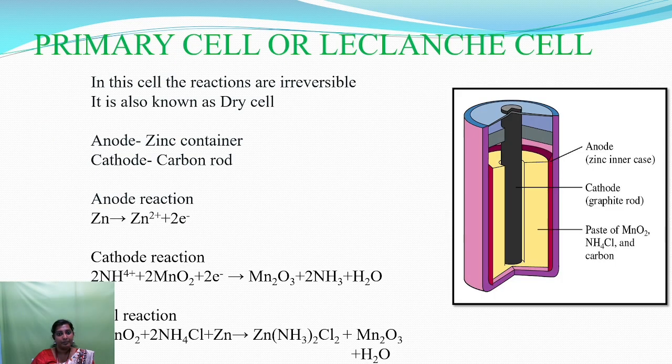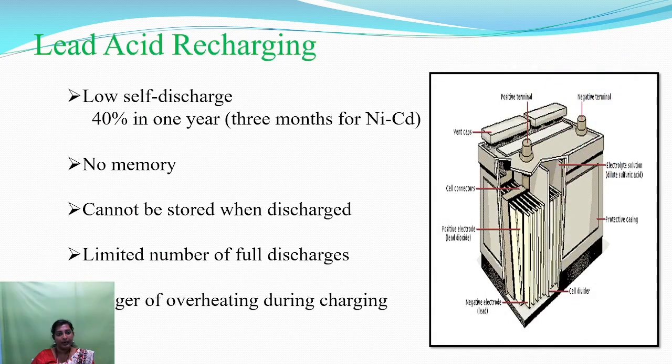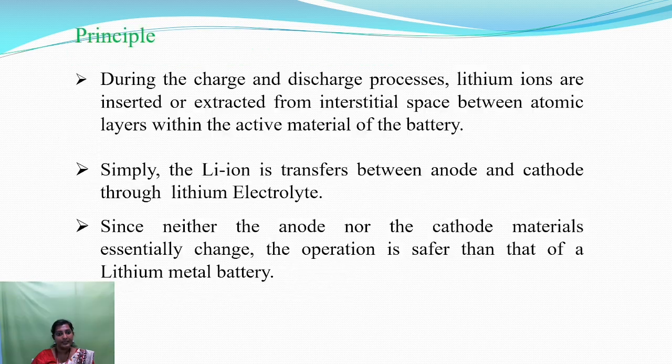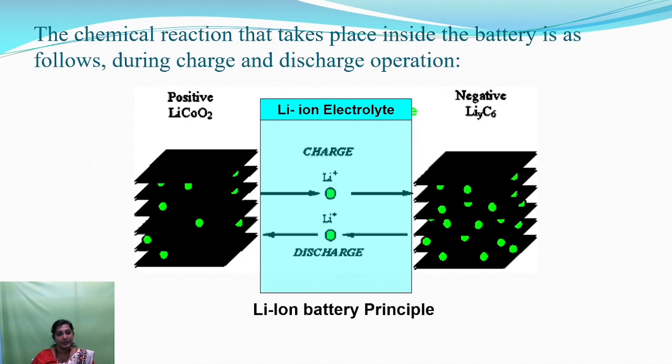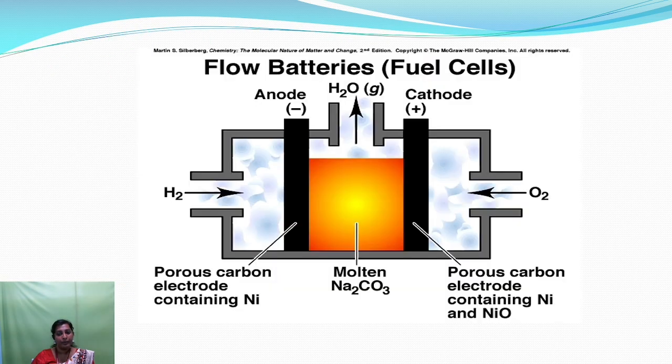Primary battery examples are the regular cell, that is the dry cell. Then the lead storage battery and lead acid rechargeable batteries are secondary battery examples. The lithium ion battery is also a secondary battery example. This is the diagram of the lithium ion battery. Then the flow battery. The flow battery example is the hydrogen oxygen fuel cell.